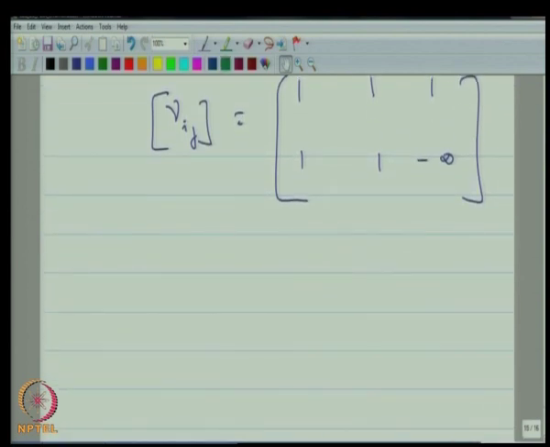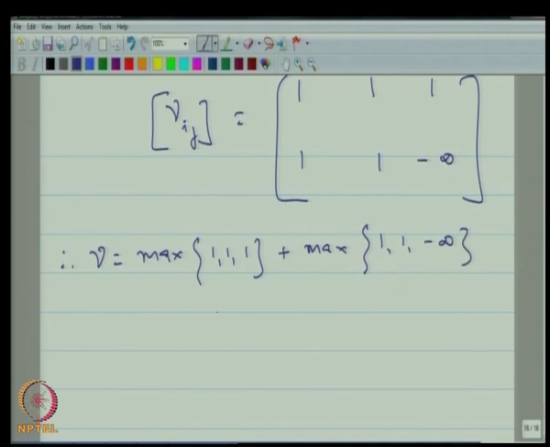Therefore, nu is equal to max of 1, 1, 1 plus max of 1, 1, minus infinity, which is 1 plus 1, which is 2. So, the memory in the convolutional code is 2.